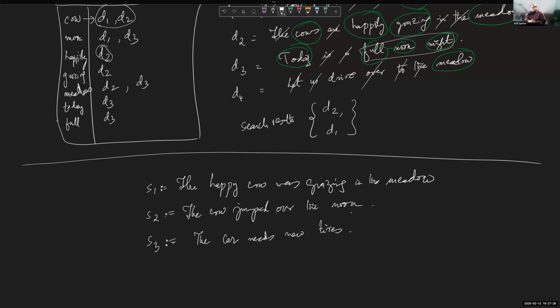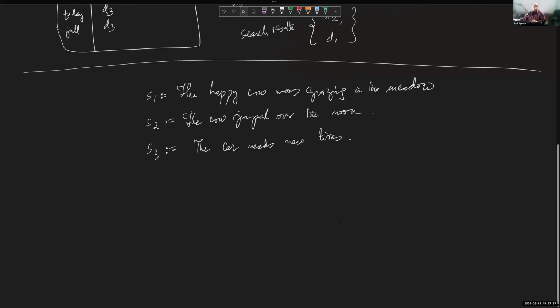You can clearly see that S1 and S2 are somewhat related, but S3 seems quite irrelevant to a discussion about cows. So this is the magic that machines are able to do: they have a capacity called language understanding. That is why they are called language models.